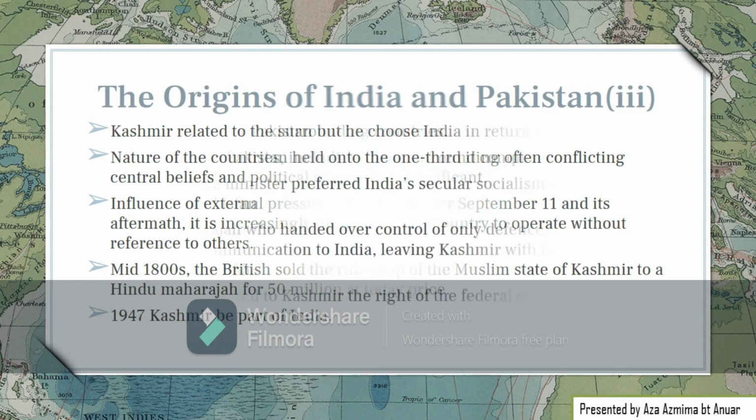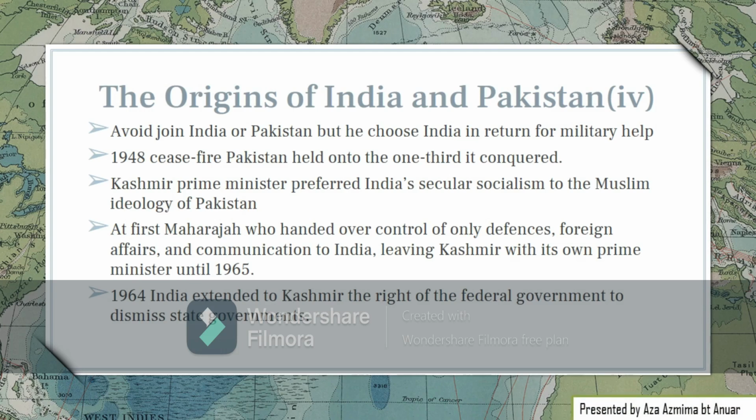At first, the Maharaja handed over control of only defense, foreign affairs, and communication to India, leaving Kashmir with its own Prime Minister until 1965.